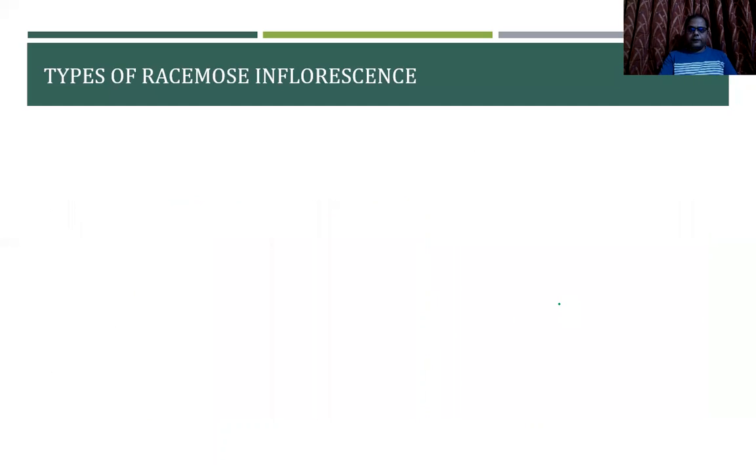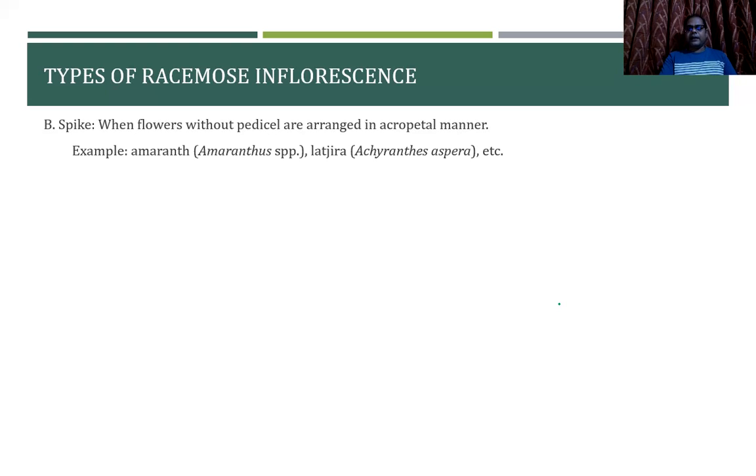The other kind of inflorescence in case of raceme is the spike inflorescence. Now, when we discussed how it actually originated, we know that when the pedicels have been lost, it forms the spike inflorescence. This spike inflorescence is seen in many cases, especially in Amaranthus, Acanthus, Adhatoda, and also in Chenopodium.